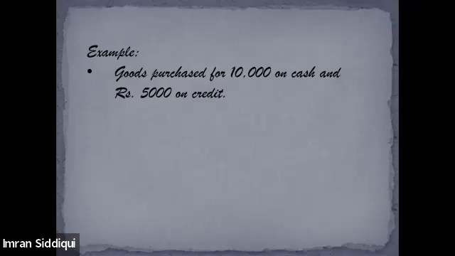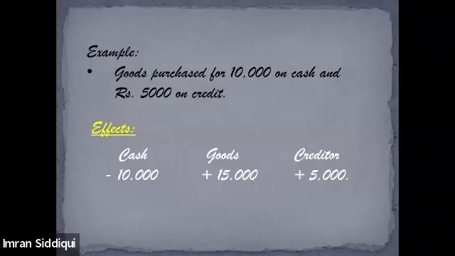Firstly, since we have bought goods for rupees 15,000, the amount of goods will increase by 15,000. That means there will be increase in the value of the asset by way of goods. On the other hand, cash will reduce by 10,000 because we have bought goods for cash costing 10,000, and creditors will also increase by 5,000. So this is going to affect three areas: cash, goods, and creditors.